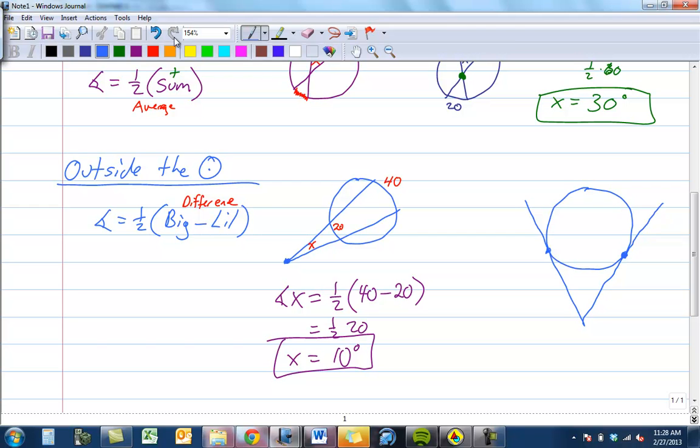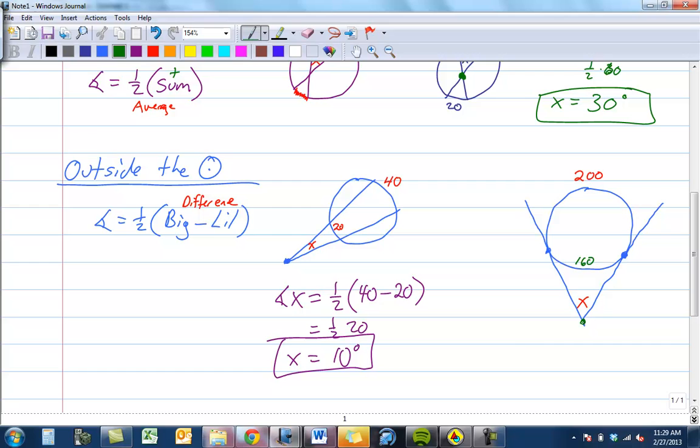And tell you what, I know that this is 200 and this is x. Wait a second, did you give us enough? Sure I did. Check this out. This arc here is 200. So what is left for this bottom part? Be 160. So go ahead and figure out what x is real quick.